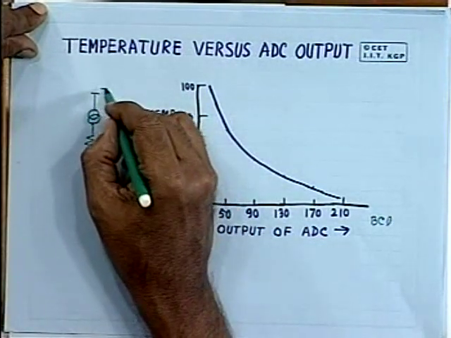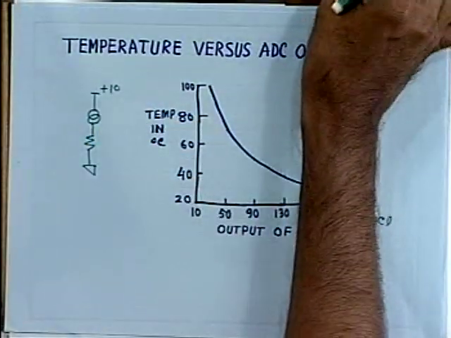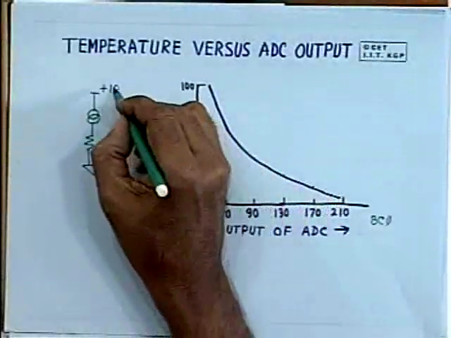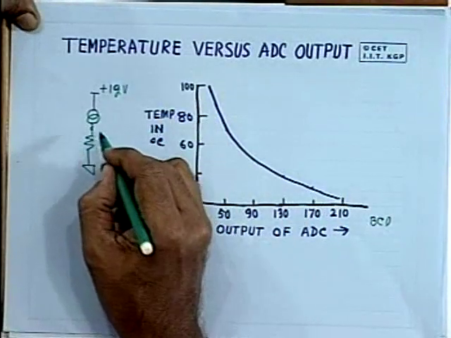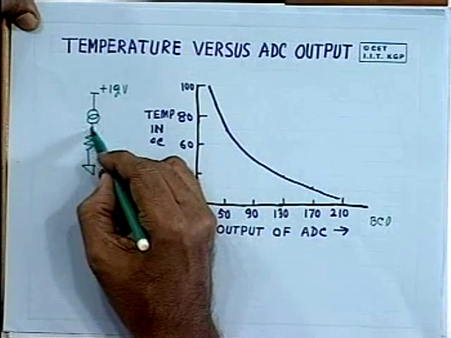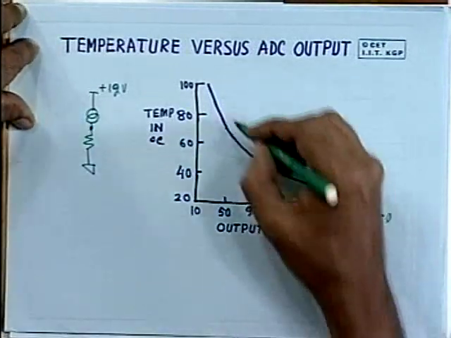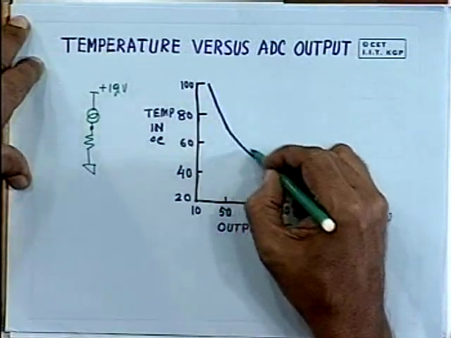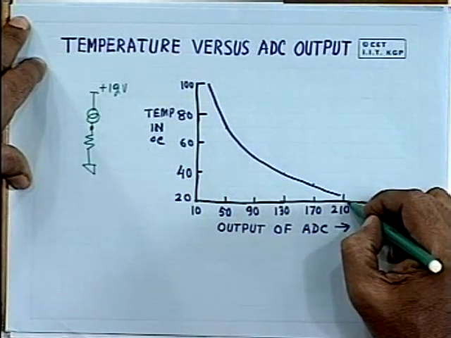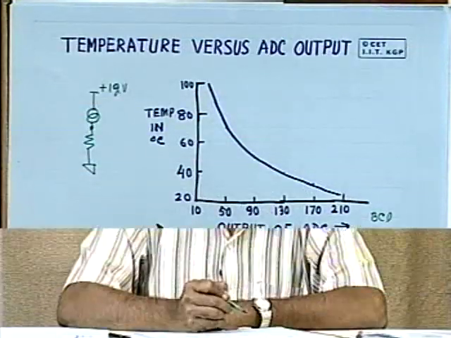Here you are applying, say, 12 volt, and this voltage, after passing through this diode, is plotted here, and the characteristic curve of the thermistor is shown here. As you can see, it is not linear. Since it is not linear, just by simple programming you cannot get the temperature of the water bath, so you have to use some other technique.